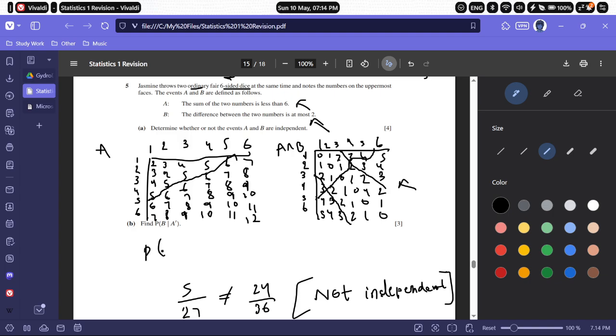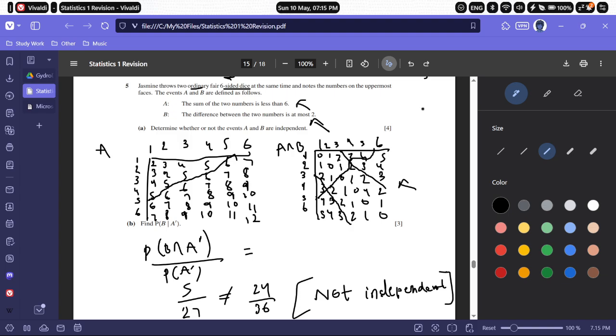Now for this, it's just P of B intersection A complement upon P of A complement, right? So if you think about it, for P of A, it was the sum of the two numbers is less than 6. So A complement is the fact that the sum of the two numbers is more than 6. So in a way, it's not the shaded region, but the region which is greater. So we can again use that thing of comparing regions.